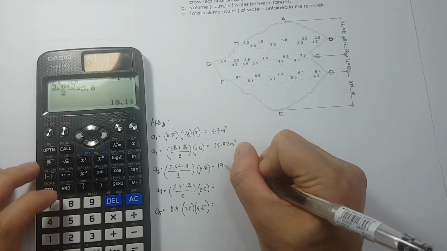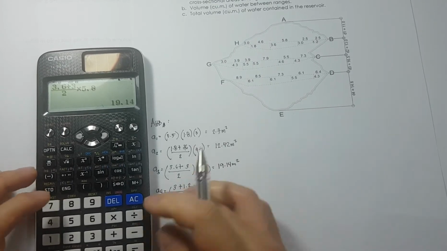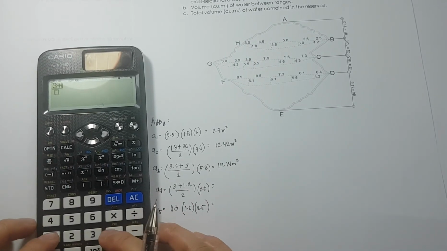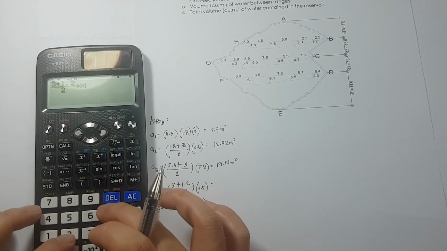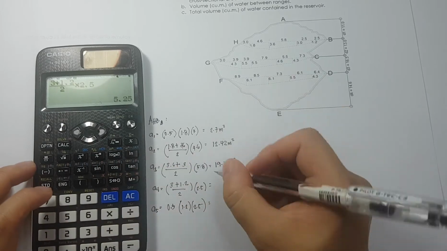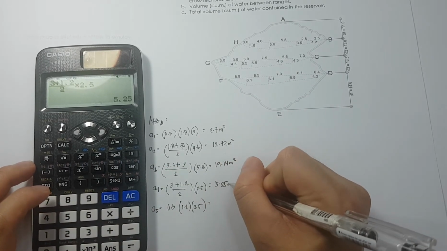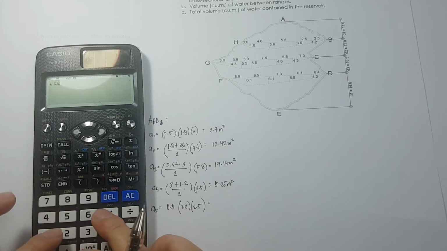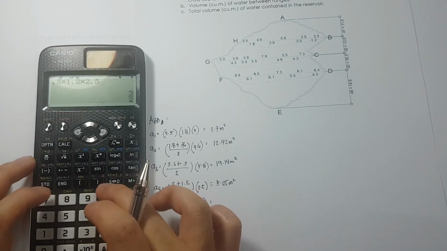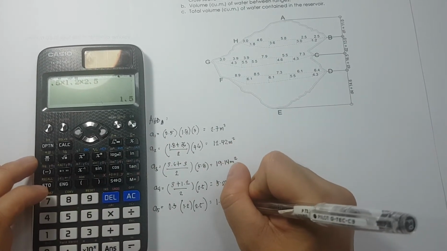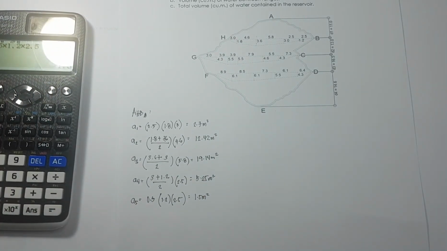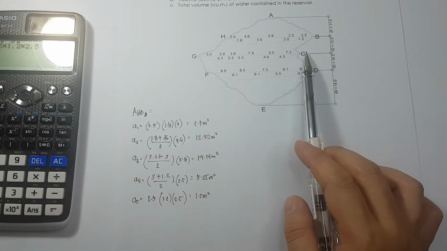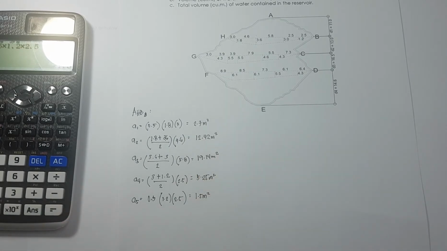We have 19.14 square meters. 3 plus 1.2 over 2 times 2.5. So that is 5.25 square meters. Then 0.5 times 1.2 times 2.5. And that is equivalent to 1.5 square meters. So, do it on your own to get the area for CG and DF.